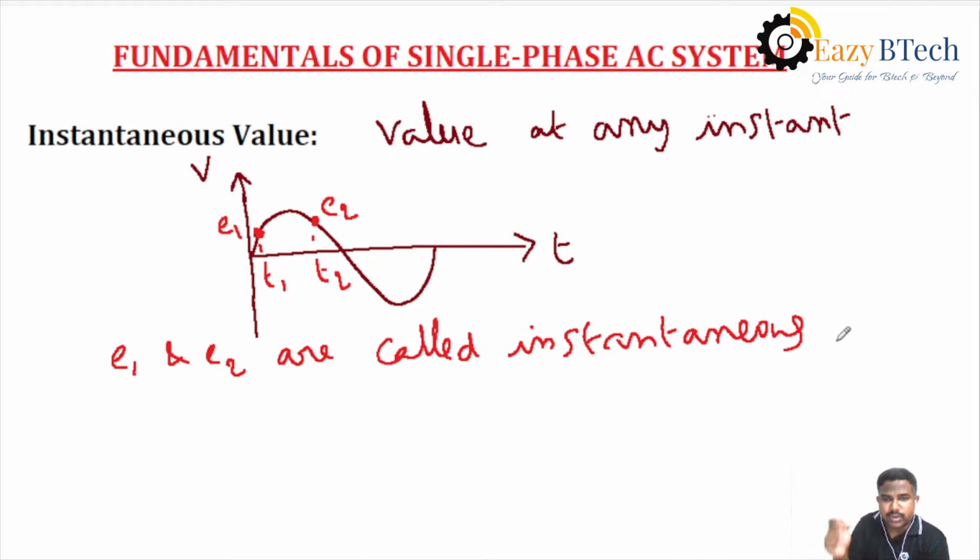That is, alternately it becomes positive, negative, positive, negative. That is called the alternating quantity. Here, for example, E1 and E2 are the instantaneous values at the instants t1 and t2. By combining all the instantaneous values, you will get the exact alternating quantity.